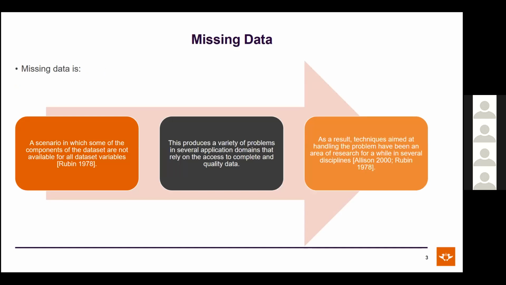Now, we could ask ourselves, what is missing data? It's actually been a problem for many years. It's been an area of interest and research for several years. So what is missing data? I'm sure you've heard from the previous days the presenters probably mention missing data, because it's a big issue.